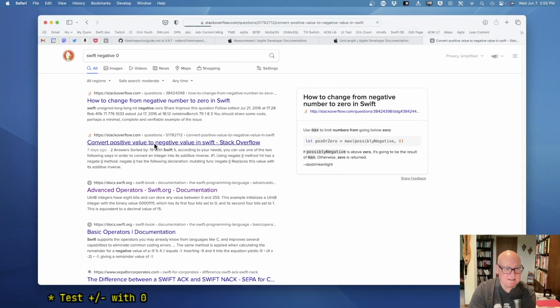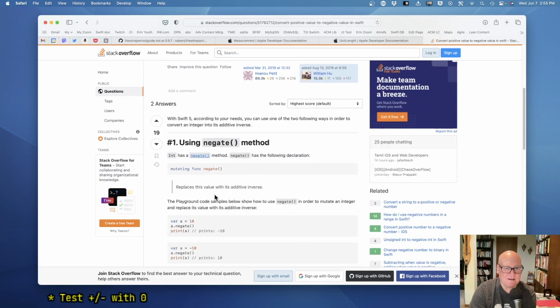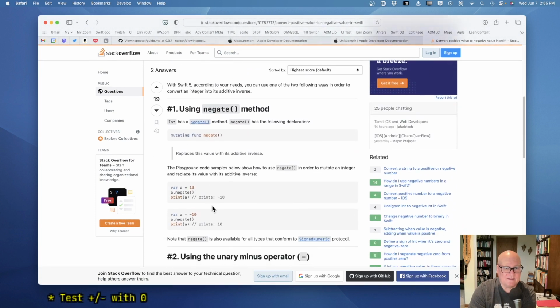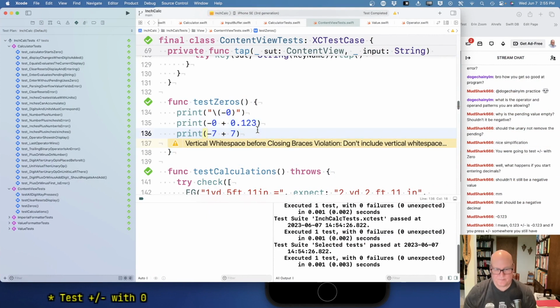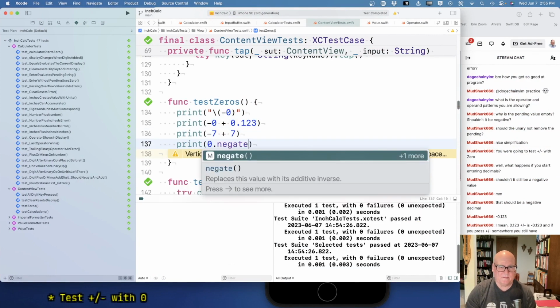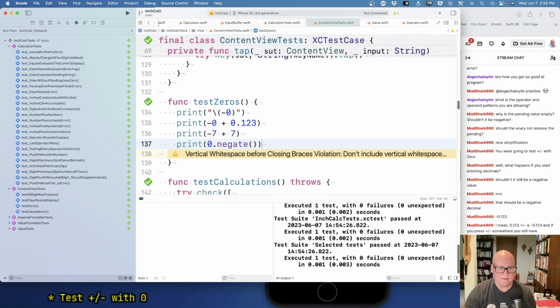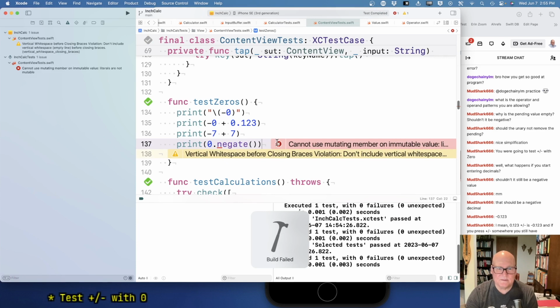Oh, there's a negate. Cannot use mutating. Okay.